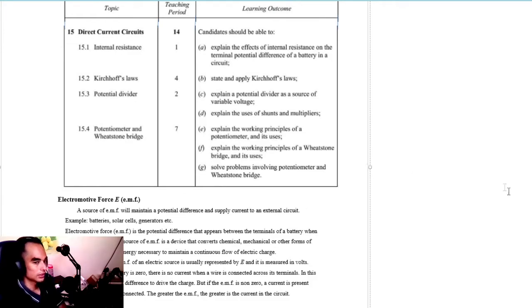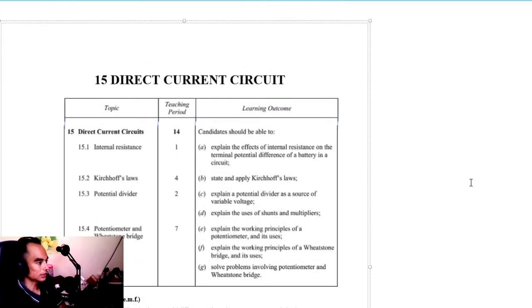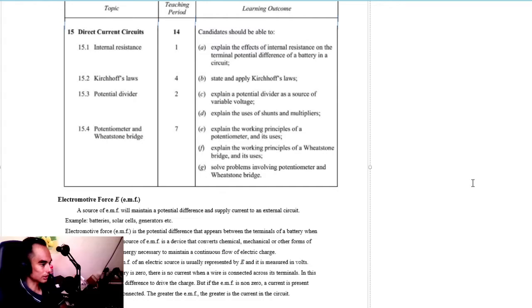Okay. So we start with the direct current circuit. With direct current circuit, we start with the electromotive force. Electromotive force essentially is the power source of the battery.